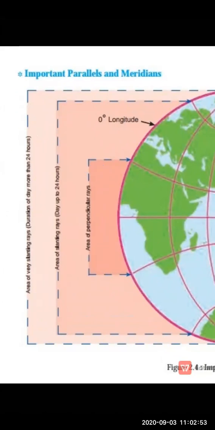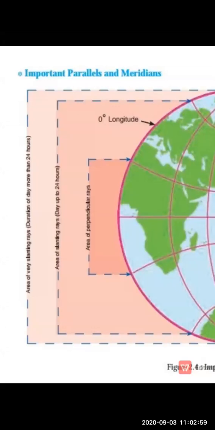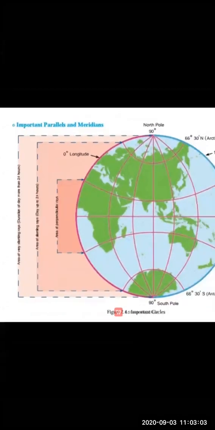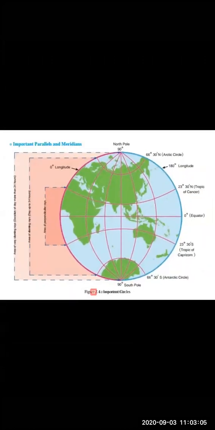How they are falling in this particular region, we are going to study in detail. In some parts they are perpendicular, whereas in other parts they are slanting.